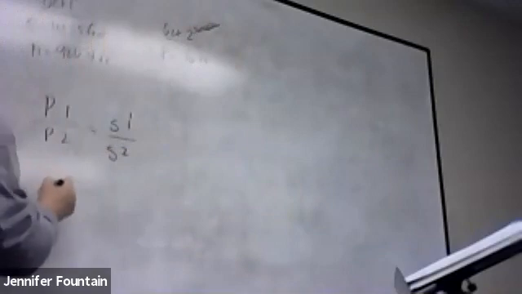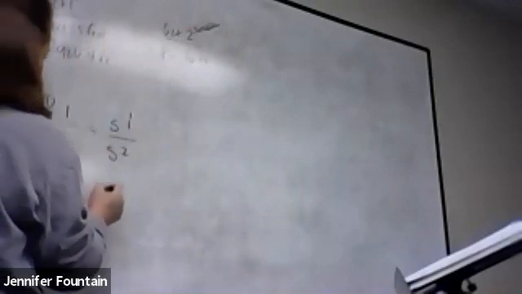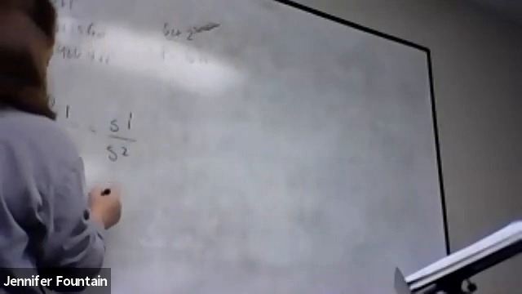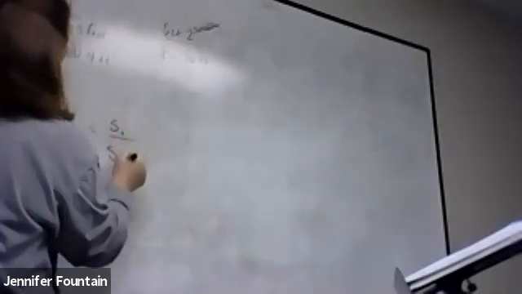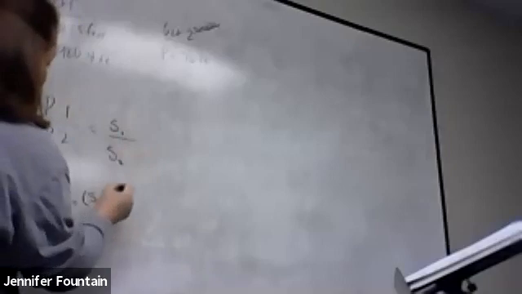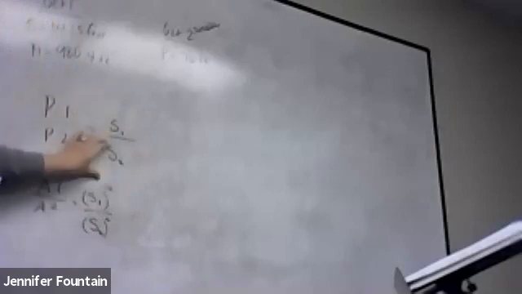And then we said the area of 1 over the area of 2 is equal to side 1 squared over side 2 squared. Does that make sense the way I've made a note of it? So I know that the perimeter of my first figure over the perimeter of the second is equal to the side of the first over the side of the second. So that's where we're going to start, okay?